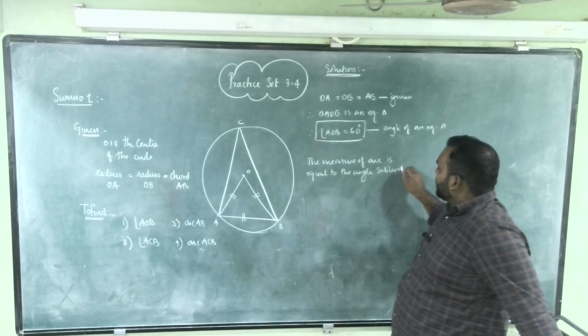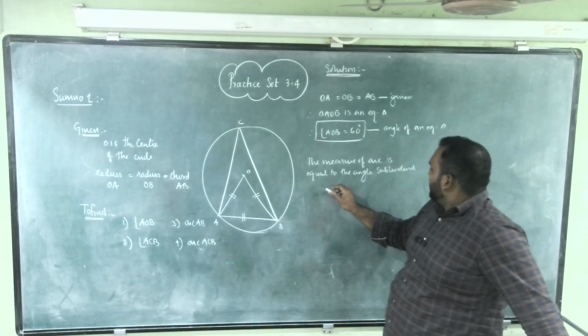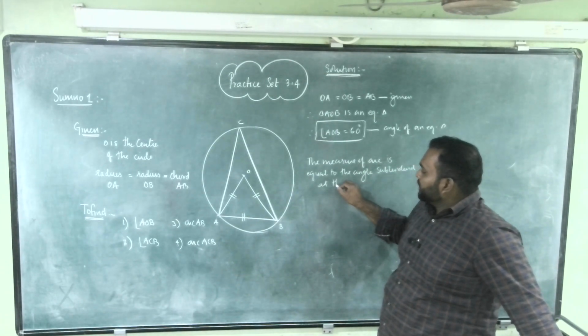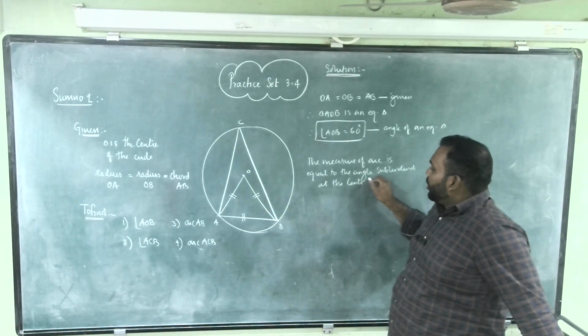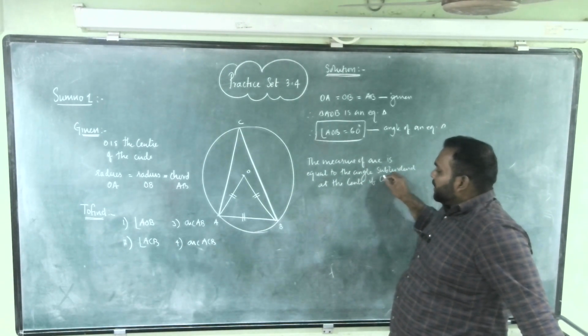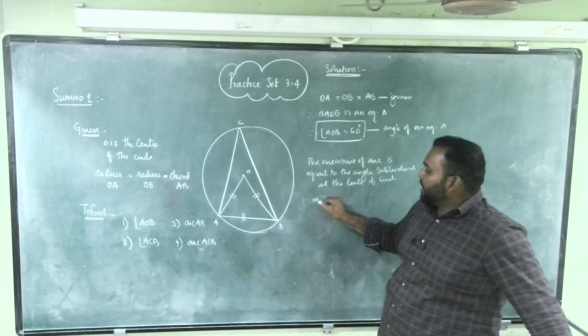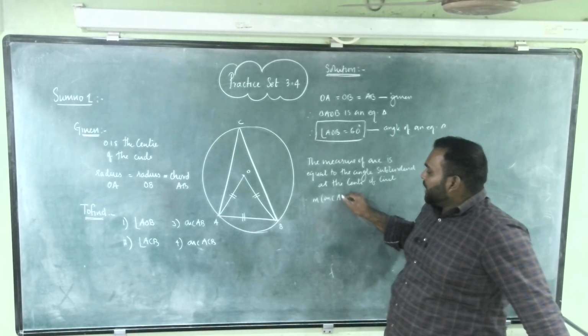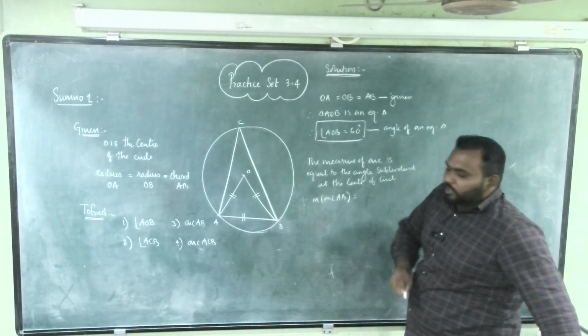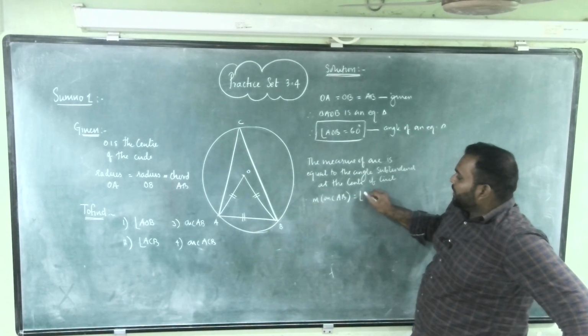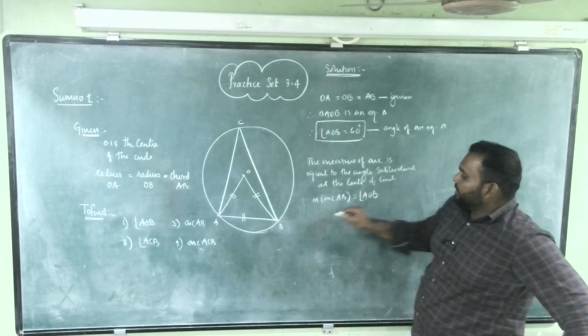Angle subtended at the center of the circle. Therefore, measure arc AB will be equal to angle AOB.